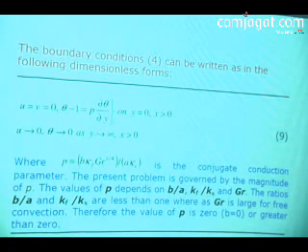Using the non-dimensional quantities, the boundary conditions are like this, and here we get another parameter p. p is the conjugate conduction parameter, and we observe that p depends on the ratios of b by l, Kf by Ks, and the Grashof number. Here b by l and Kf by Ks are less than 1 and the Grashof number is large for free convection, so the value of p is greater than 0, and in the case of b equal to 0, we can assume p is equal to 0.